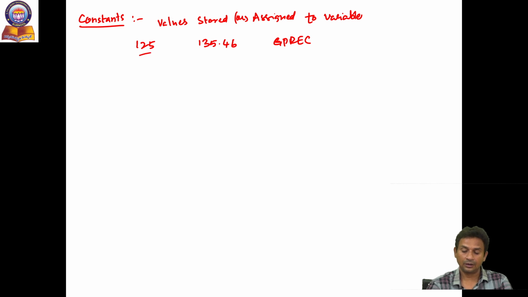They are called constants because these values don't change during the course of execution of the program. When they are assigned to variables, the variable value may or may not change during execution. Constants are the values which are stored or assigned to variables.